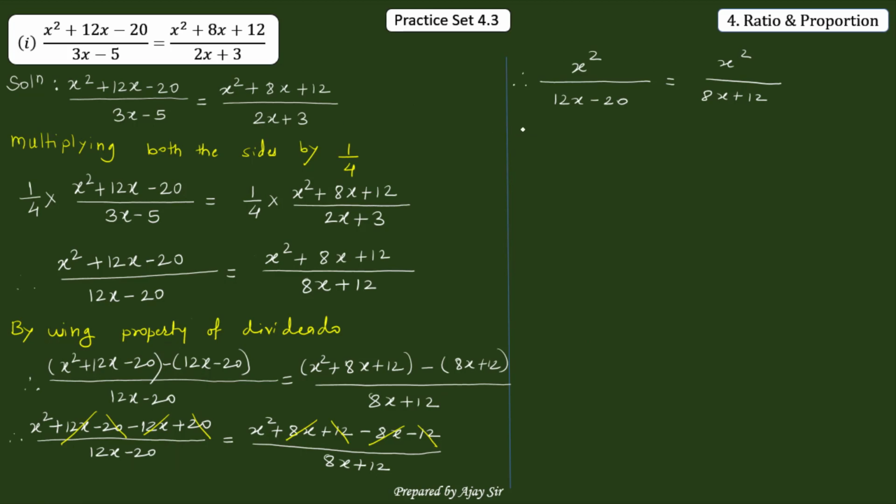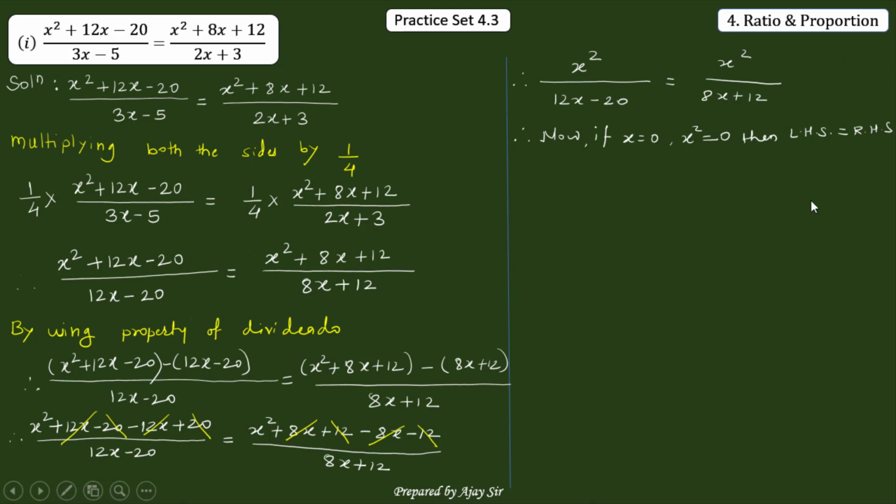So therefore, now if x is equal to 0, then x square also is equal to 0. So then LHS is equal to RHS. Means both the left hand side and right hand side are equal.